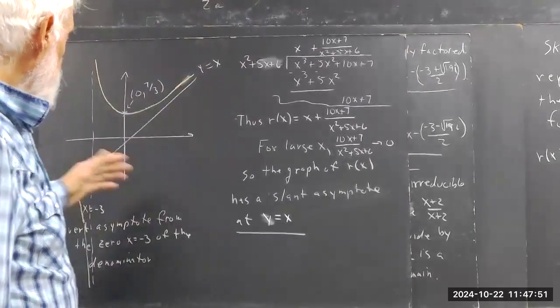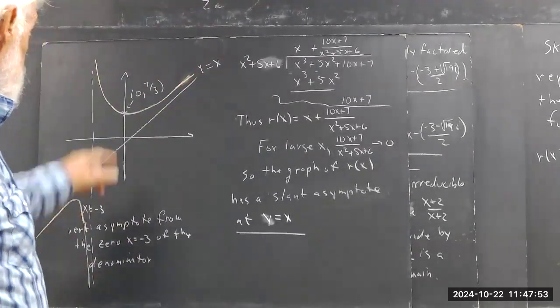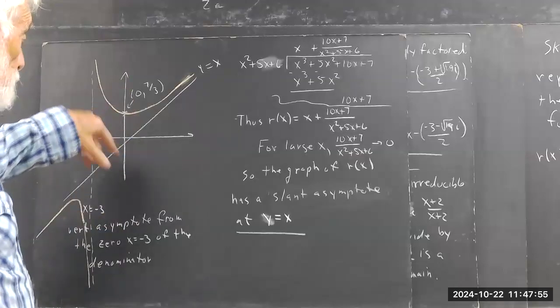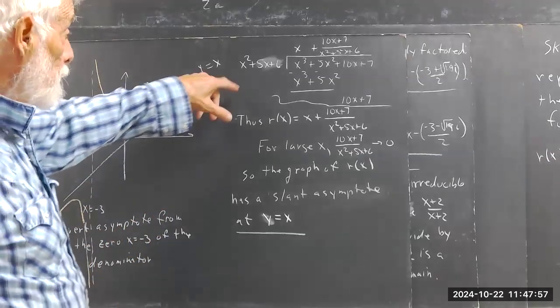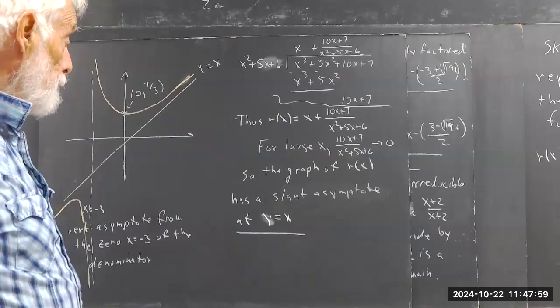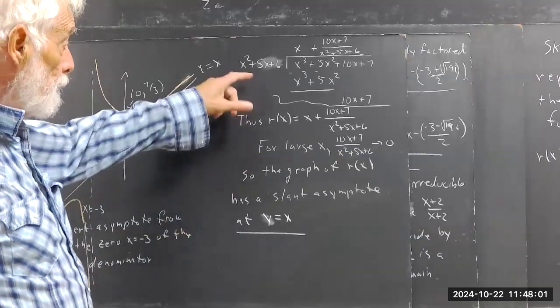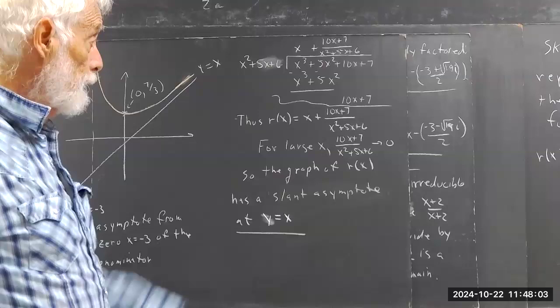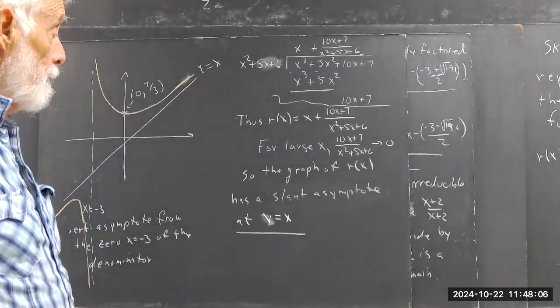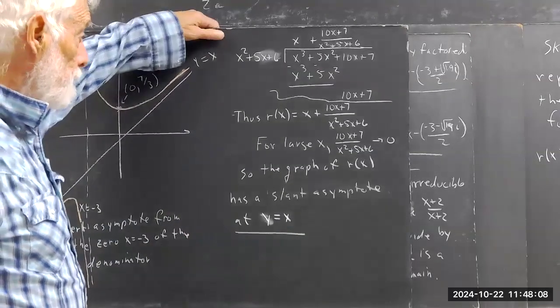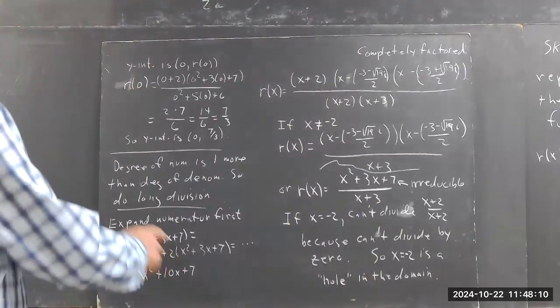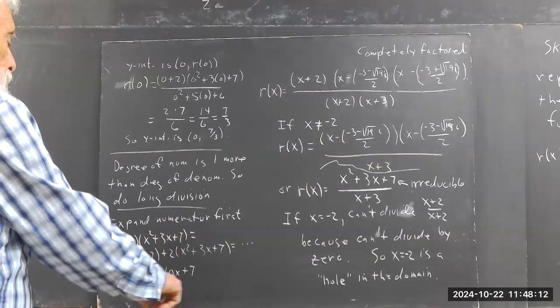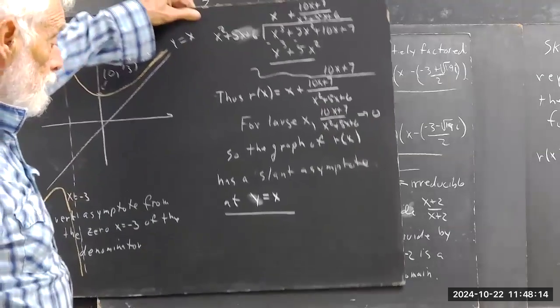There's my slant asymptote. Again, I missed the origin. Pretend we got a big fat origin there. Here's our long division that justifies this. The long division tells you that this is the denominator divided into the numerator, and incidentally, we did have to expand the numerator so that we could do the long division.